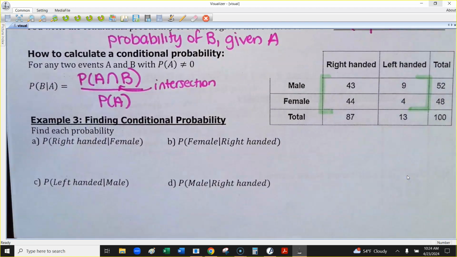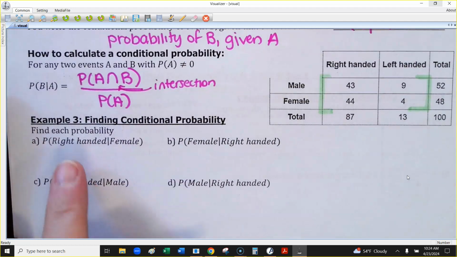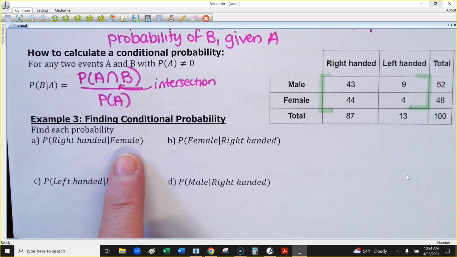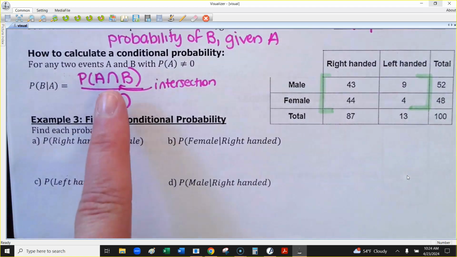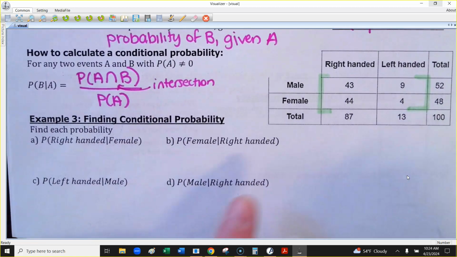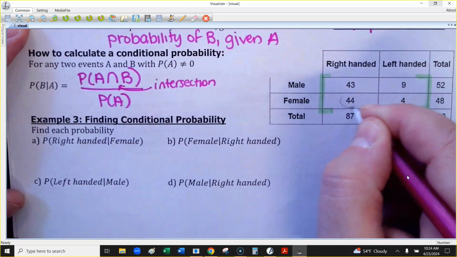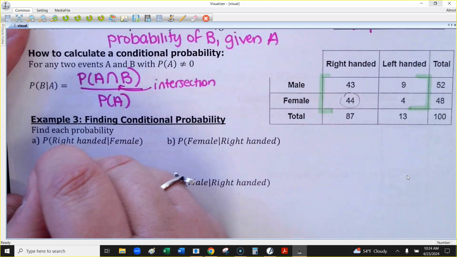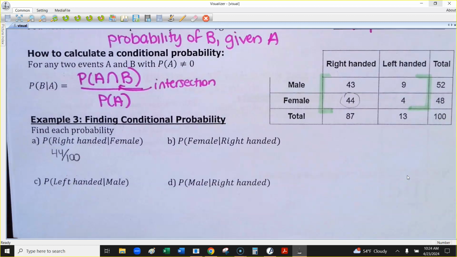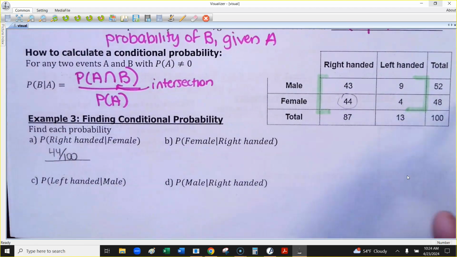If I use the same table we had at the top, this says the probability I select somebody that is right-handed given that they were female. The intersection means both are happening at once. So right-handed and female would be 44 out of 100, divided by the probability that I just picked somebody out of the table that's female.